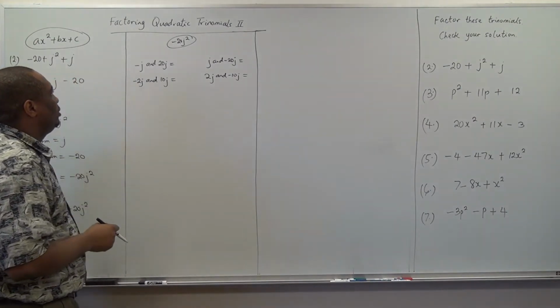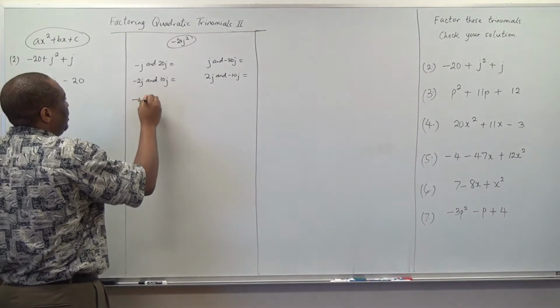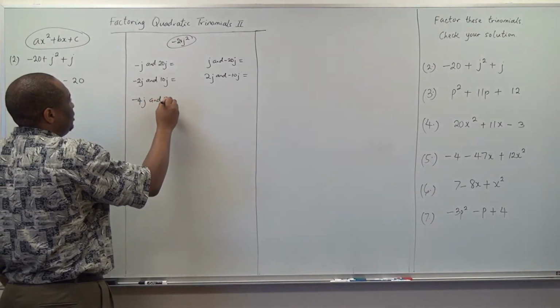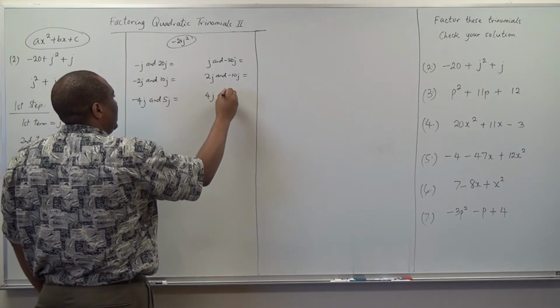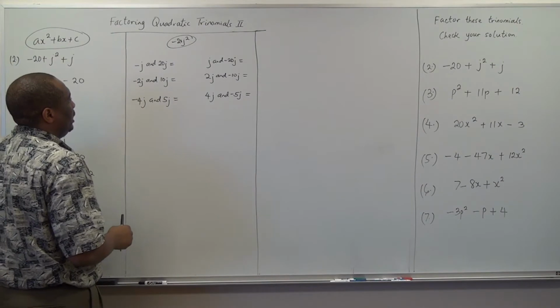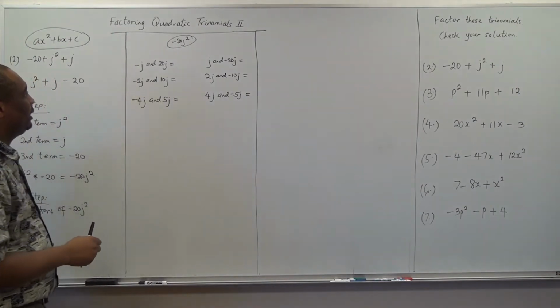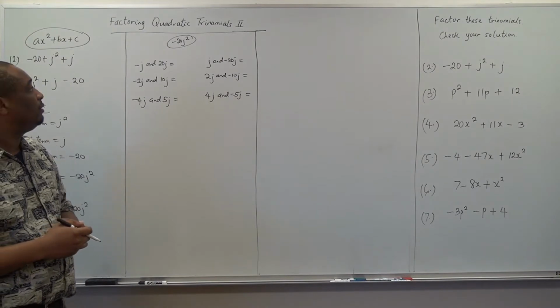Then 3 will not go. 4j, negative 4j and 5j. And then 4j and negative 5j. Then 6, 7, 8, 9, 10 and 2 is the same thing, 11, 12.